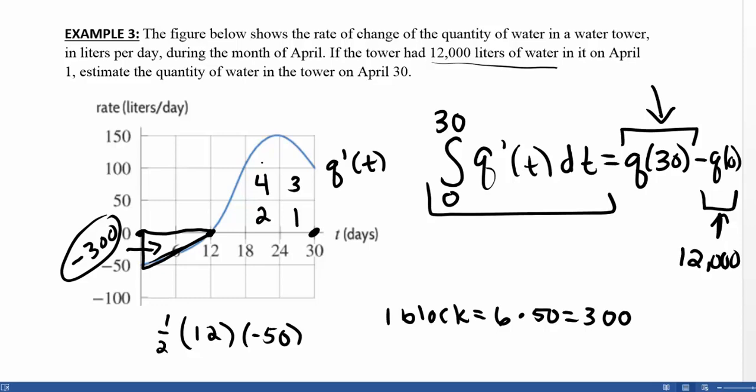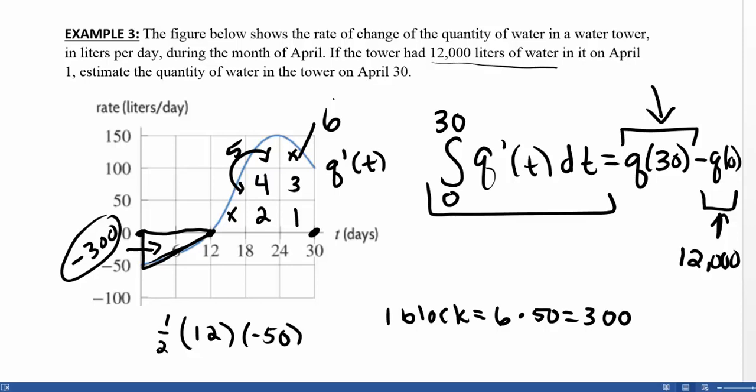So there are 4 whole blocks. Then I need to look at the half blocks and block pieces. These two together look like they form a 5th block, and these two together would form the 6th block. So I'm going to estimate that there are roughly 6 blocks under the curve.